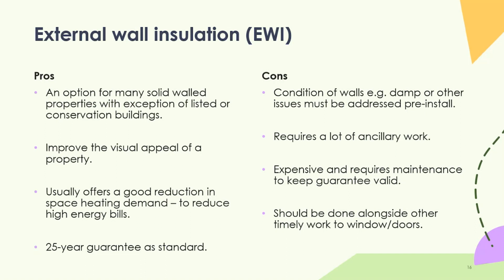If the property is listed, it's unlikely to be allowed in any part of the property, so you'd be looking at internal, if that was permitted, given the importance of internal features on certain listed buildings as well. So it's really a case of looking into the conservation details of a particular property.